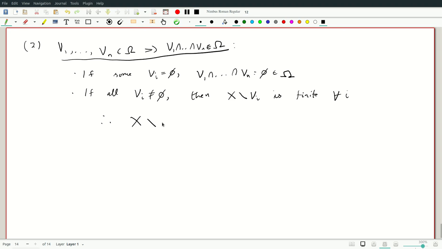Therefore, X minus, if I take the set complement of V1 union Vn, I'm sorry, we want the set complement of the intersection, not the union. Well, this is going to be X minus V1 union and so on, union X minus Vn. And each of these is finite.